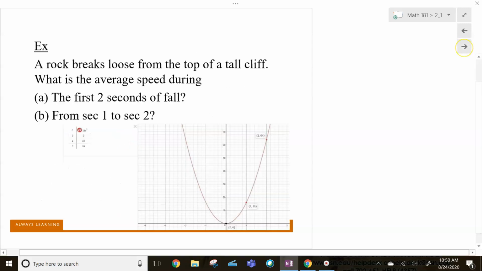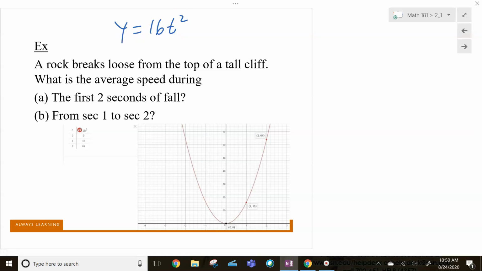Here I've got a quadratic: y equals 16t squared. At 1 second, if I plug 1 in for t, I get 1 squared times 16, which is 16. It's fallen 16 feet. If I plug 2 in for t, 2 squared is 4, times 16 is 64. It's fallen 64 feet.